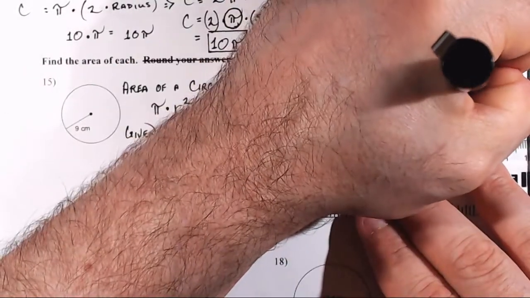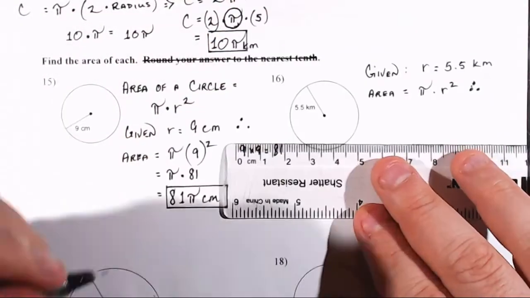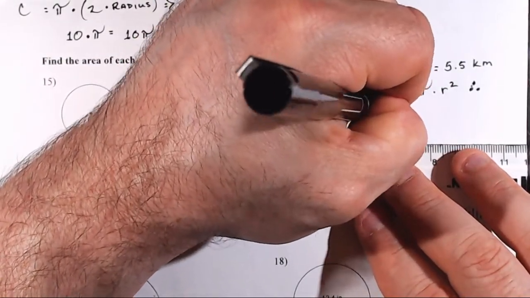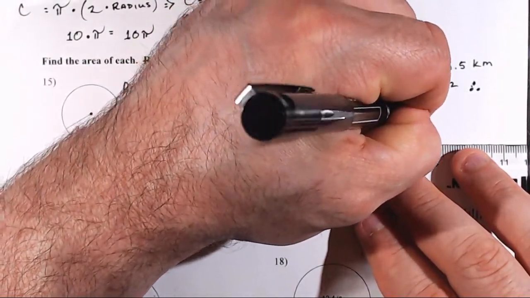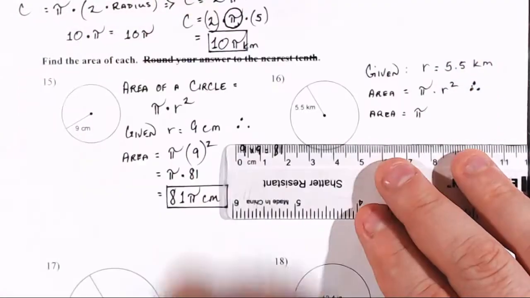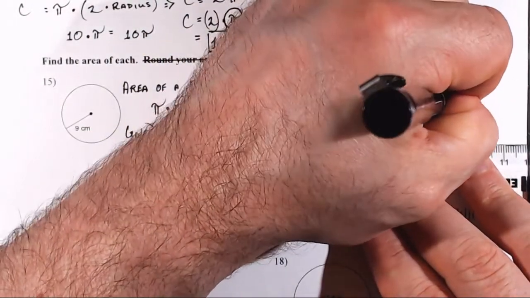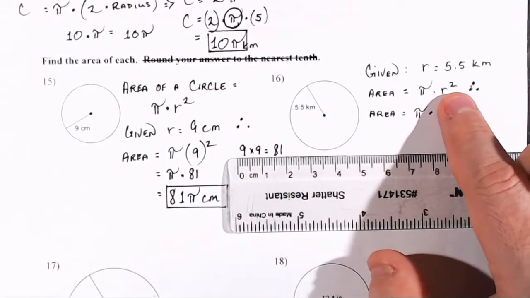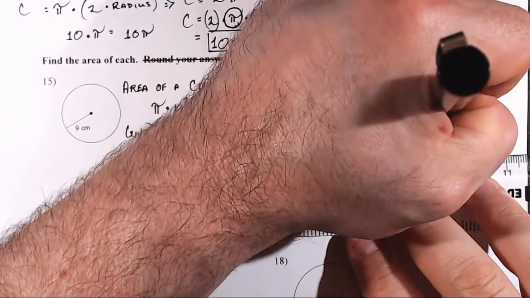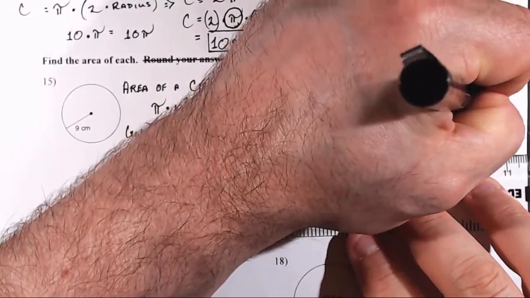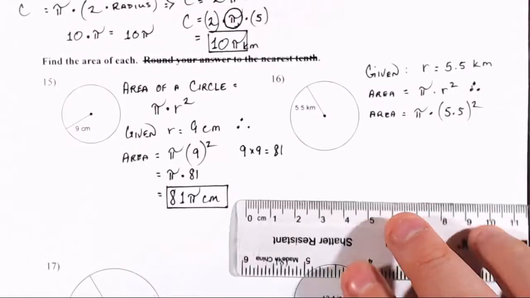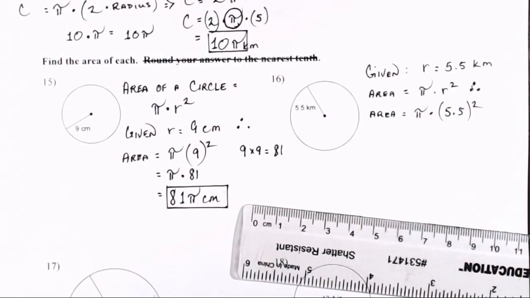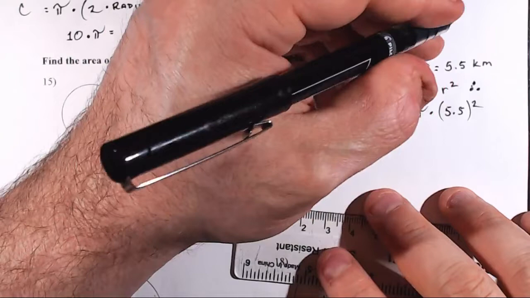Therefore, the area is equal to pi times, open parentheses, we're going to put in 5.5 for r. 5.5, close parentheses, squared.